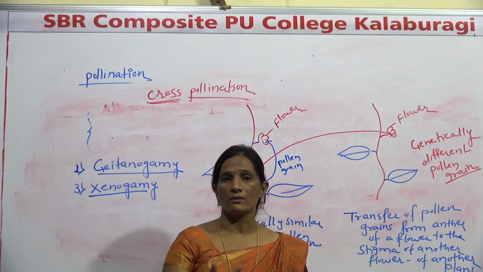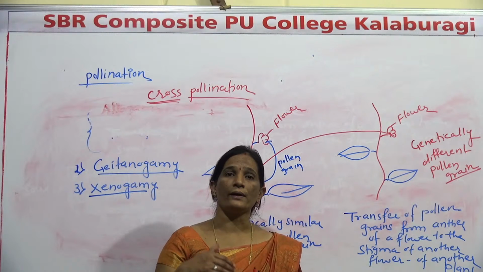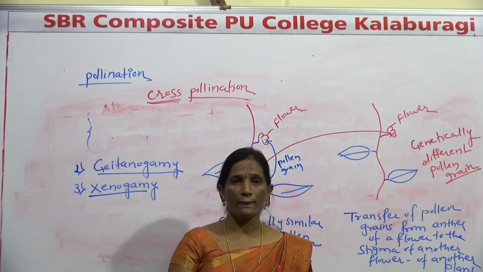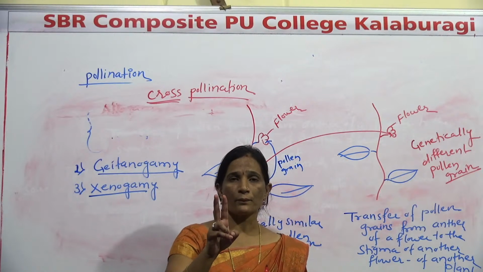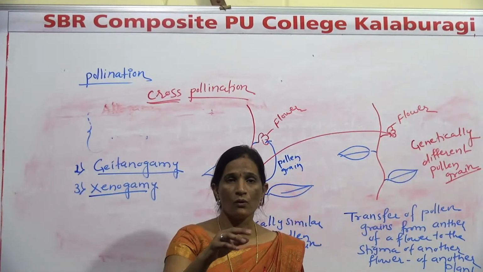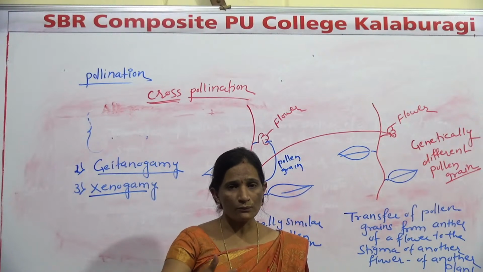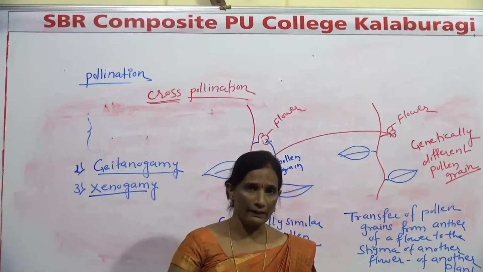There is no chance of cross pollination. They do not depend upon a pollinating agent. Is it clear? In members like Viola, Oxalis and Commelina, the plant produces two types of flowers, open flowers as well as closed flowers. Closed flowers are underground and open flowers are aerial.